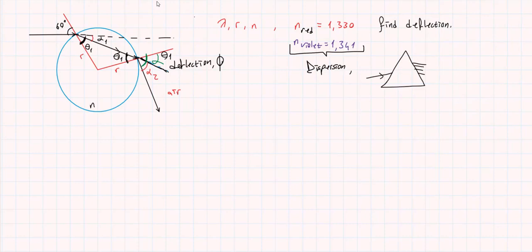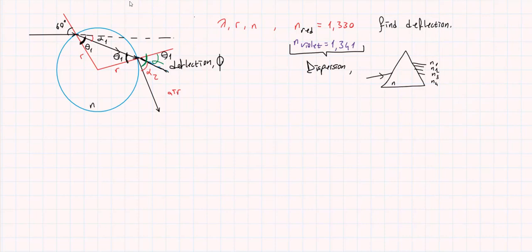The reason behind this is that each component experiences a different refractive index in the same material. So for each wavelength, we will have a different refractive index.